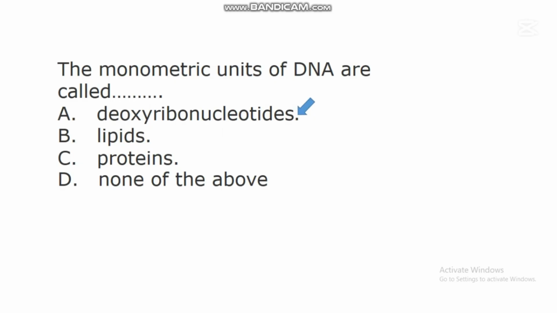So these nucleotides from which DNA is synthesized directly are called deoxyribonucleotides. So they serve as the monomeric units. Monomers are small molecules that are used in forming giant molecules.